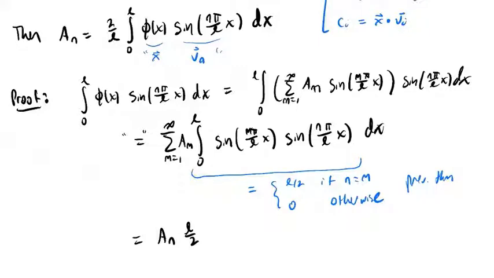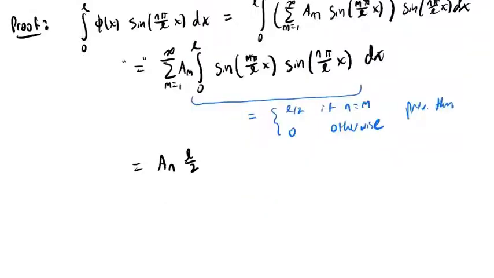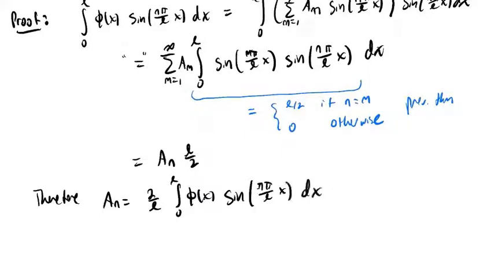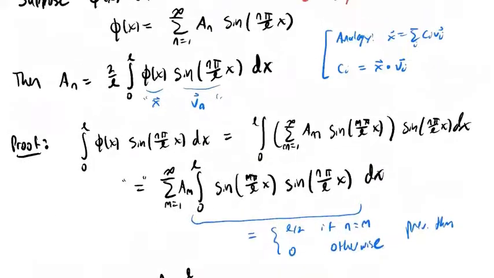And that's it. On the left-hand side, I have the integral of phi times sine of n pi over L x, and on the right-hand side, I have an times L over 2. So if I just divide by L over 2, this tells me that an has to equal 2 over L times the integral from 0 to L of phi of x times sine of n pi over L x. And so that proves the theorem, right? That's what we wanted to show.